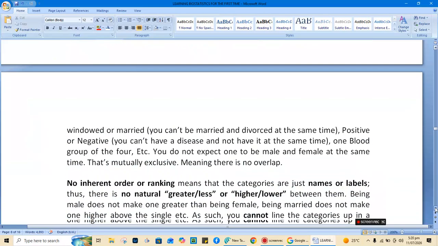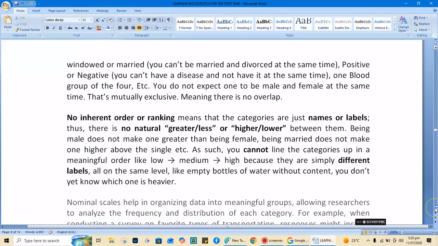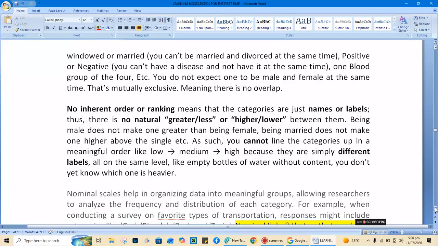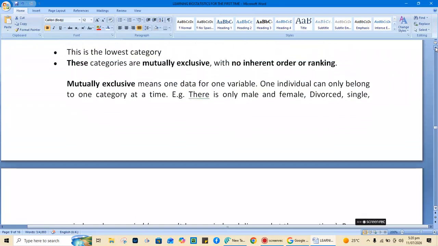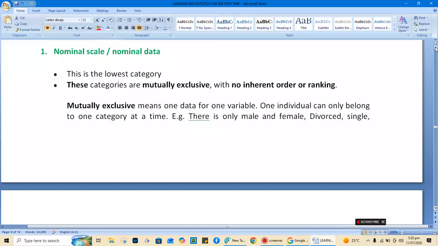And there is no inherent order, meaning that the categories are just labels. There is no ranking. Being married and being single means they are on the same level. In this case, one does not have an advantage over the other.